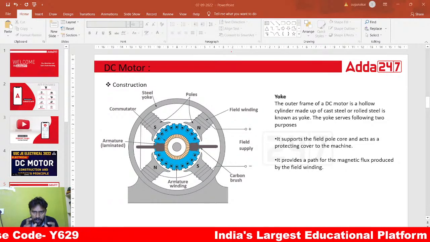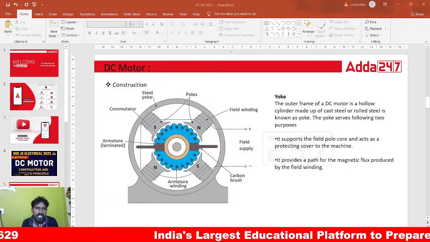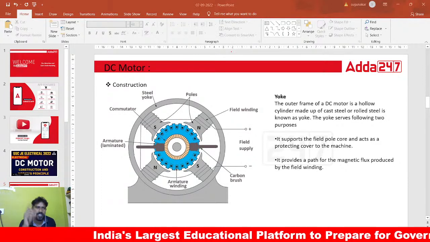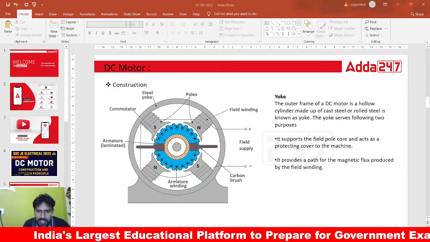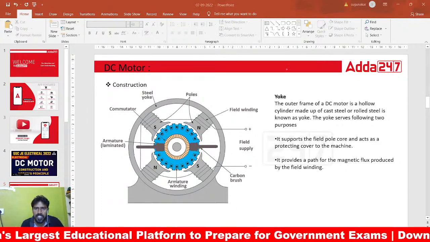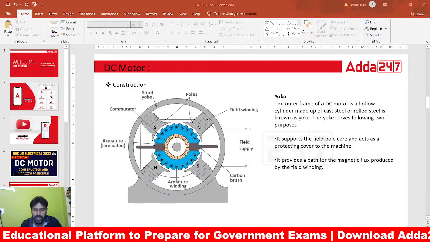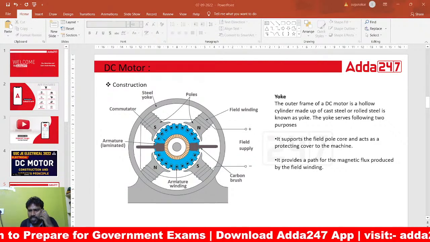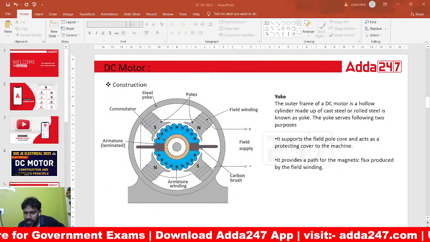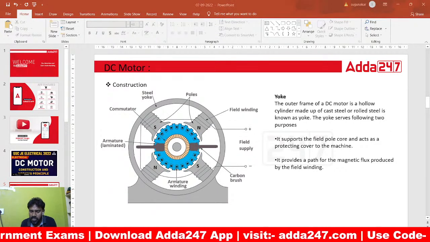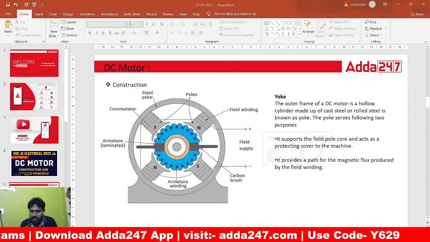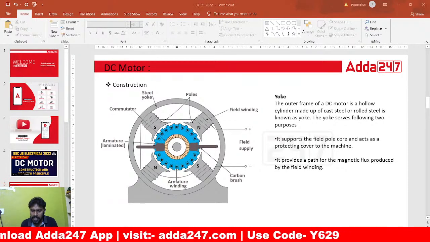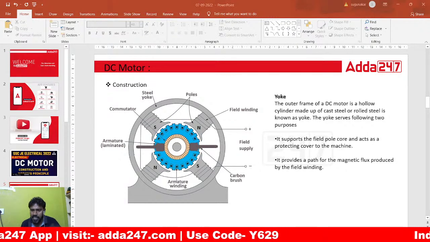What type of rule are we using in the DC motor? This type of direct question sometimes they will ask. Which type of Fleming rule is used in DC motor? Can anyone say the answer?